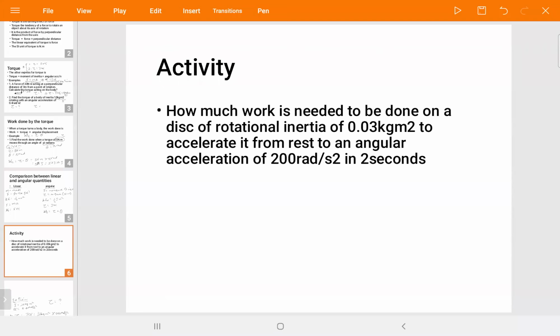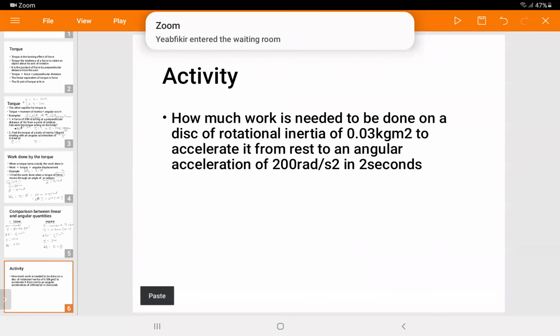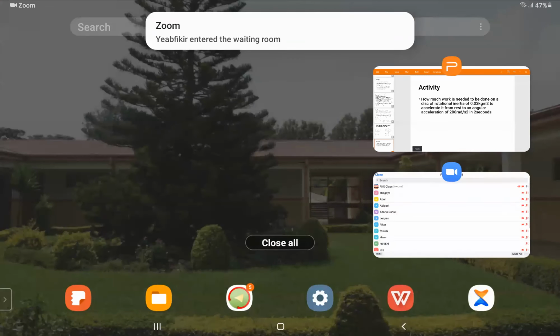And we have a simple activity, a physical problem that tests your understanding of work done in rotational motion.